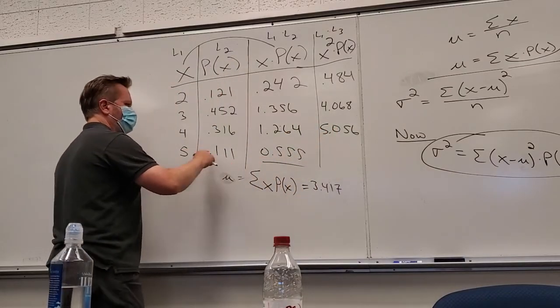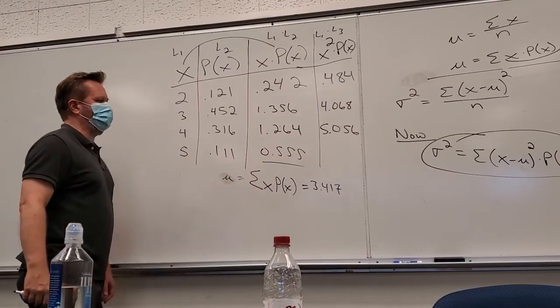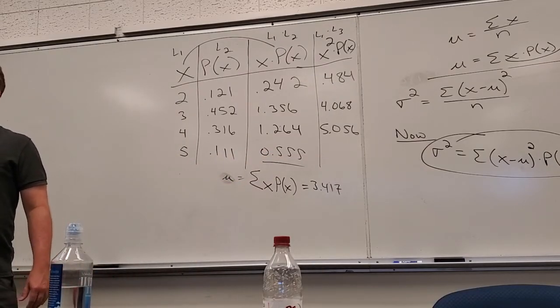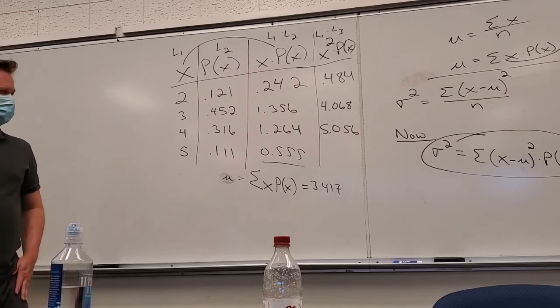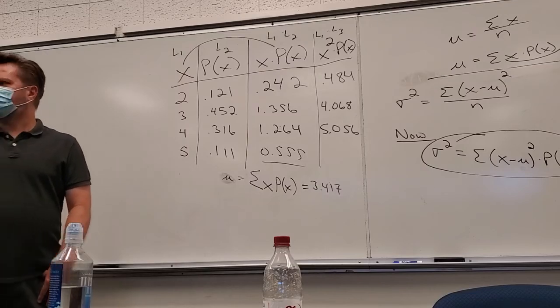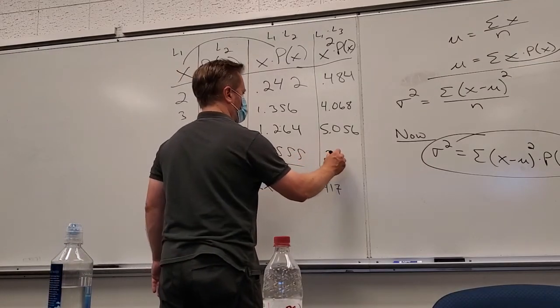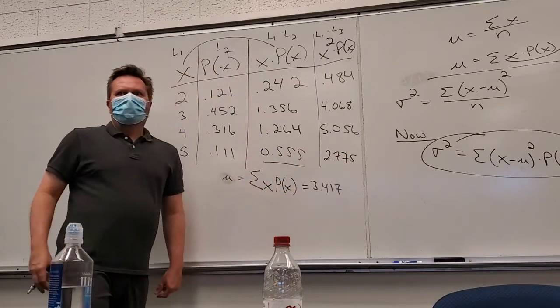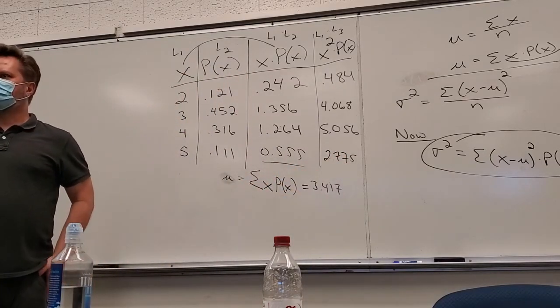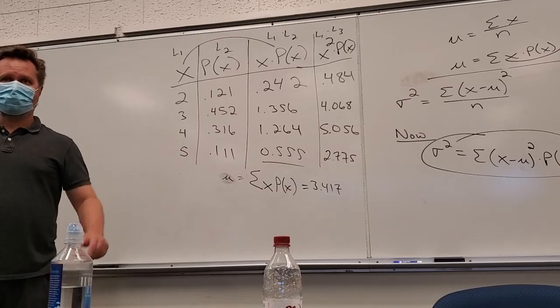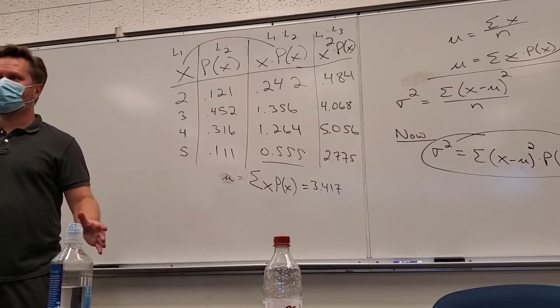And then 5 times 0.555, I don't know. 2.7 something. 2.775. Okay. Good Lord, there's a lot of stuff going on.